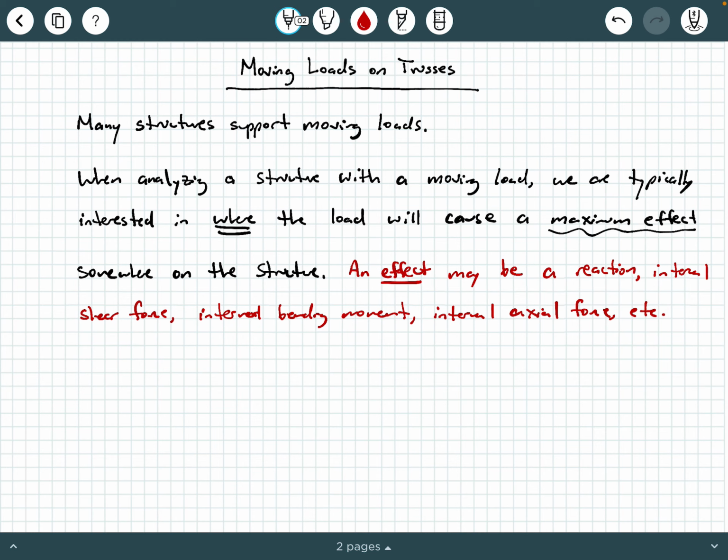Where, when you have a moving load, where on the structure will that load be located that causes a maximum effect somewhere on the structure?